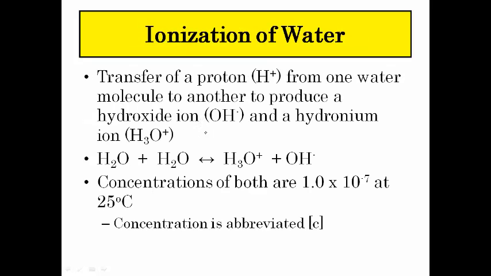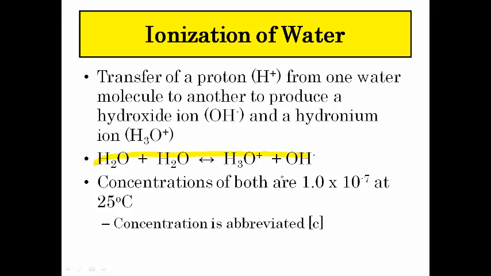The ionization of water, the transfer of a proton from one water molecule to another to make that hydronium ion, and I'm showing you that equation right here, where you have two water molecules and you're transferring protons from one to another, and you get that hydronium ion and an OH minus.